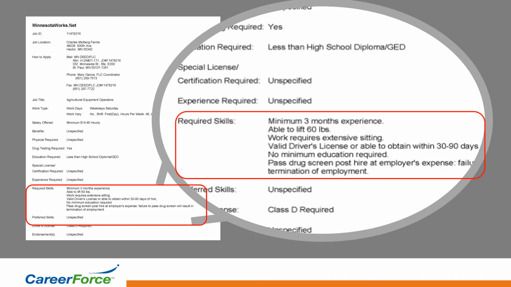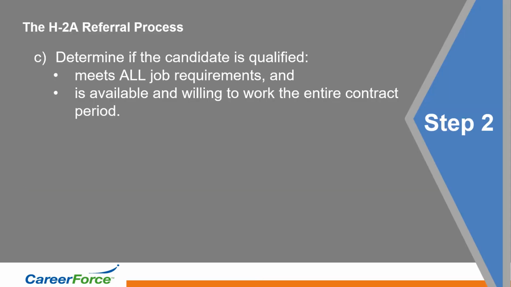On the screen is the MinnesotaWorks.net H-2A job order, highlighting the required skills. It's important to discuss required skills with a potential candidate to ensure that they meet these requirements. C. Determine if the candidate is qualified, meets all job requirements, and is available and willing to work the entire contract period.